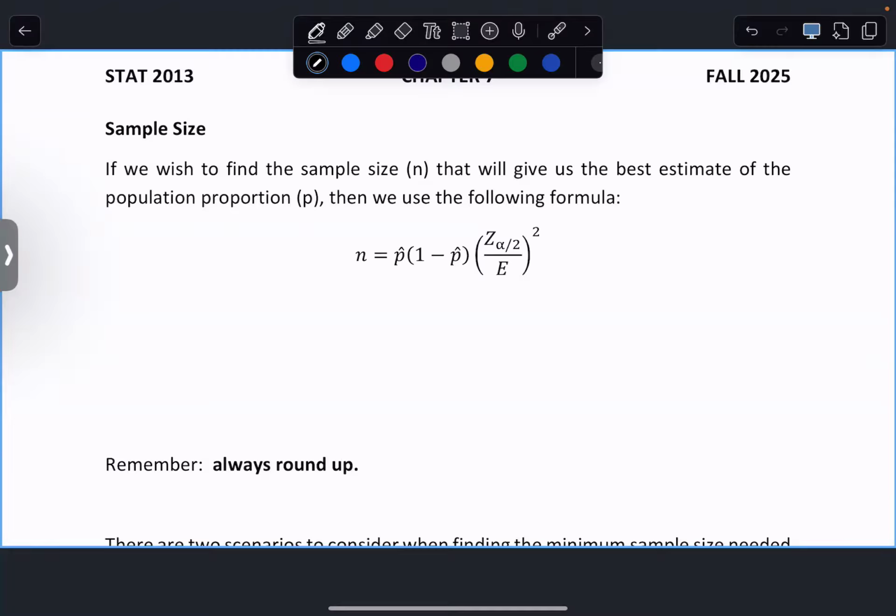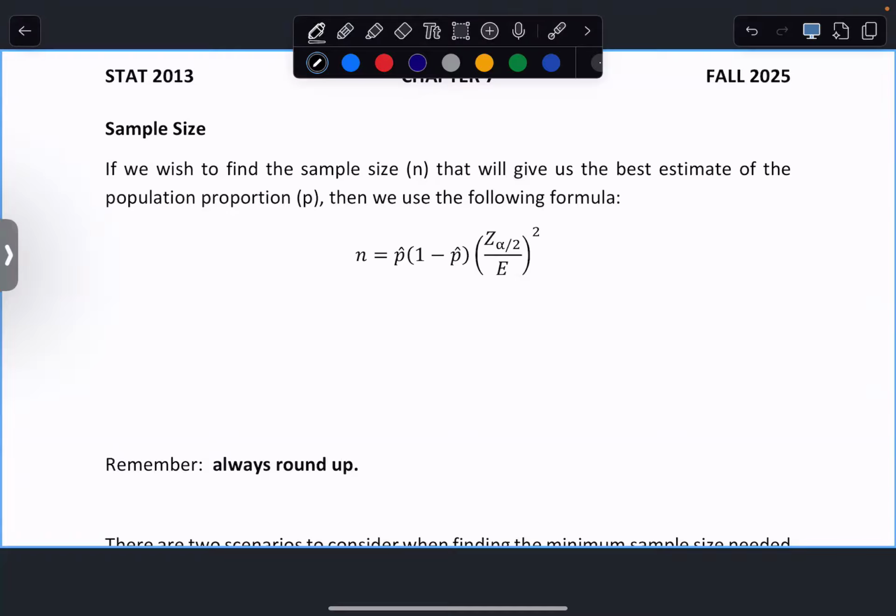From the confidence interval formula for population proportion, we have it something like this: p hat plus or minus z alpha on 2 times the square root of p hat times 1 minus p hat divided by n. And this is the part we are interested in, right? This is what we call the margin of error.